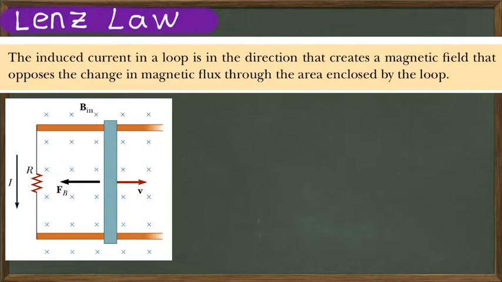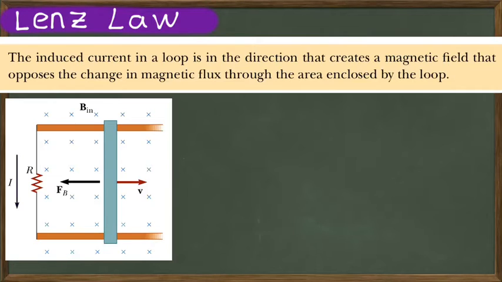Okay? So there is only one way, of course, to decrease this flux. It must produce a magnetic field which is opposite to the into-the-page magnetic field. So the magnetic field produced by this current will be out of the page, because it must oppose the increasing flux through the loop.